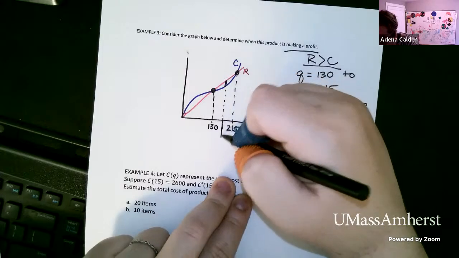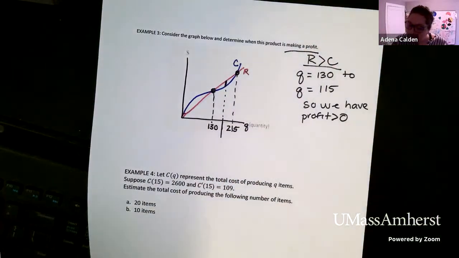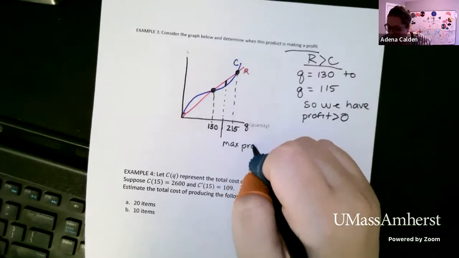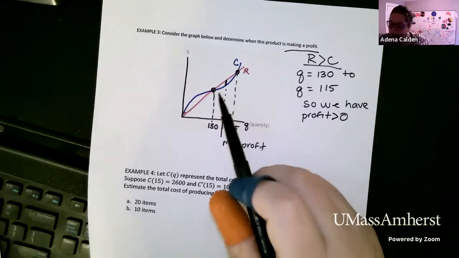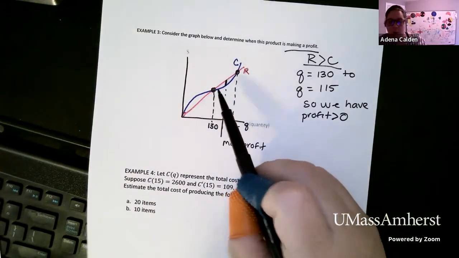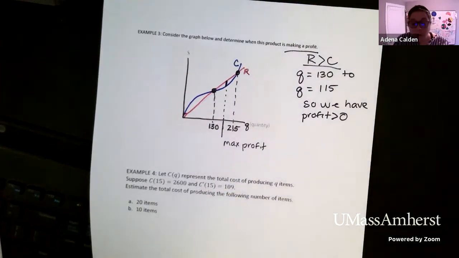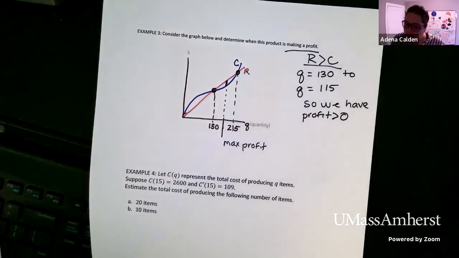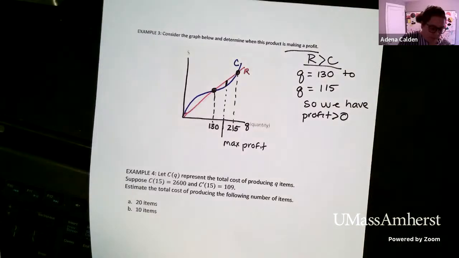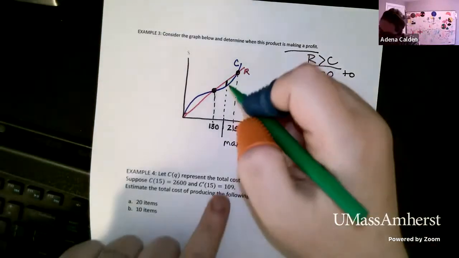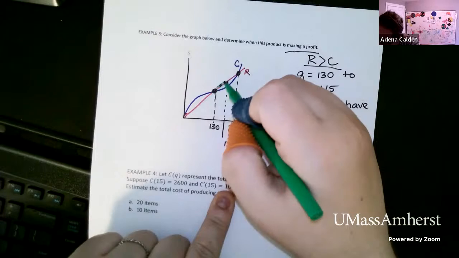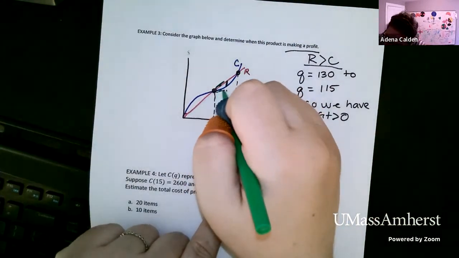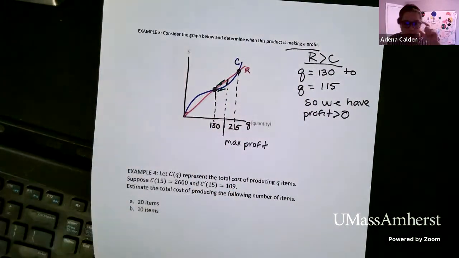Okay, so whatever that number is, that is where we're going to get the maximum profit. Which means that if we are to the left of this max profit, we do want to make more because we want to get to this level, right? And what's happening to the left here is that my marginal revenue, which is this sloped line, is greater than my marginal cost, right?